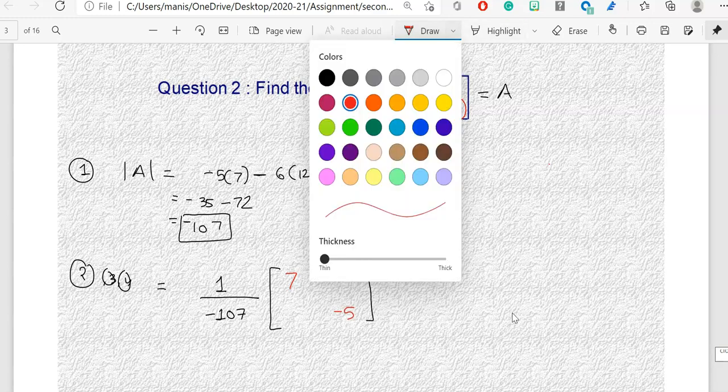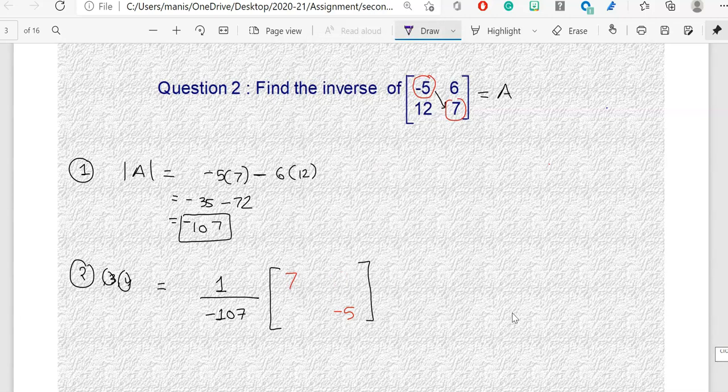Okay, and afterward it says change the sign of leftover. So 6 and 12 are leftover. I will change the sign of B and C. If this is a positive 6, it will change to negative 6. This will change to negative 12. Okay, and this is your inverse of a matrix.